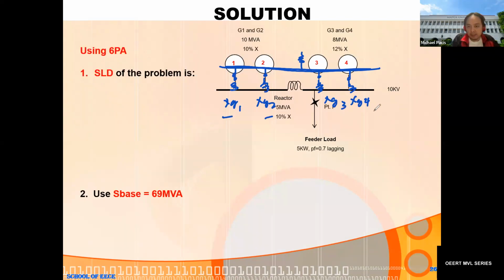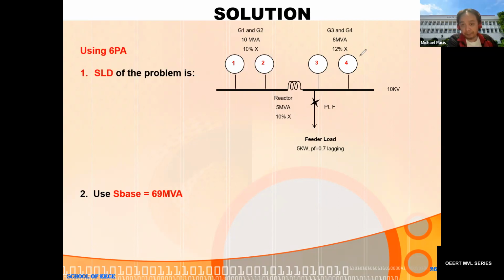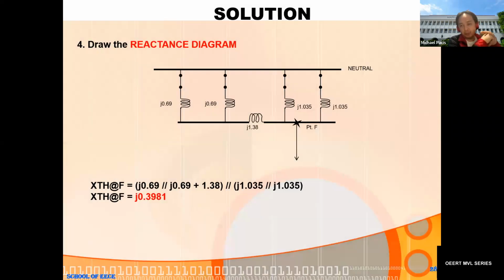These reactances are already computed from the previous slide. And if you do so, this is the reactance diagram of this number. Okay. And the fault point occurs at that bus bar.